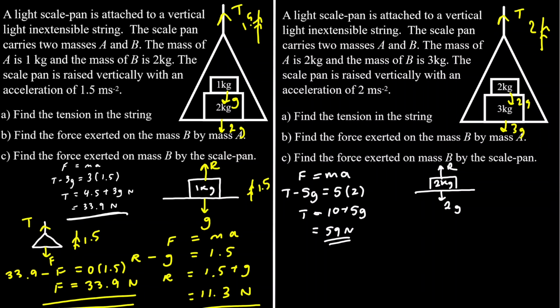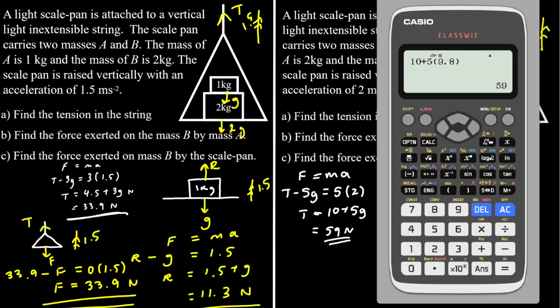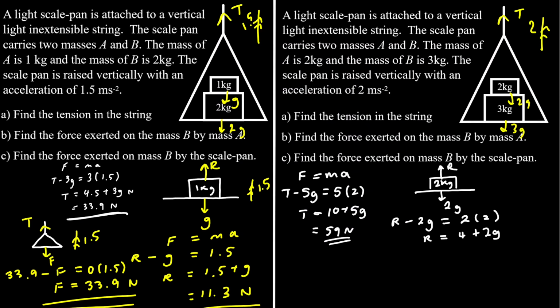So R minus 2g equals 2a, which is 2 times 2. So that normal reaction is 4 plus 2g, and 4 plus 2 times 9.8 is 23.6.